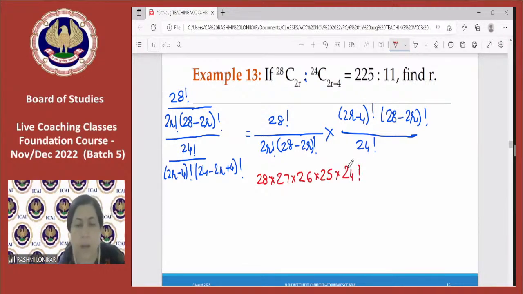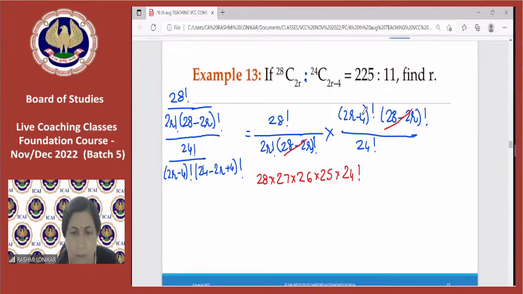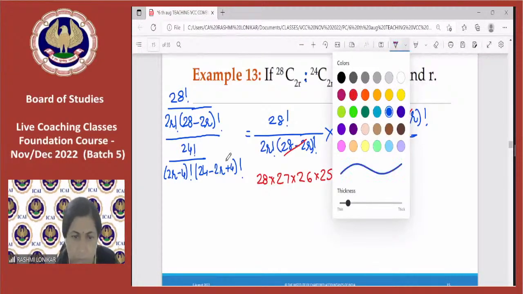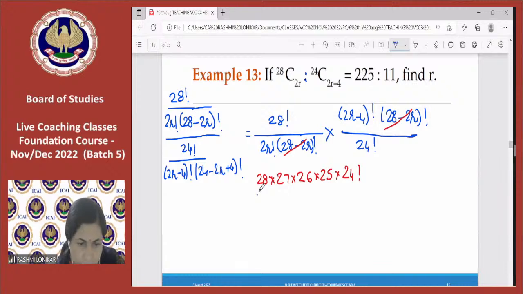Okay. Now, in the denominator, can you see 28 minus 2r factorial? In the numerator also there is 28 minus 2r factorial. This will cancel with this. Okay. And from 2r factorial, I am going to write up to 2r minus 4.